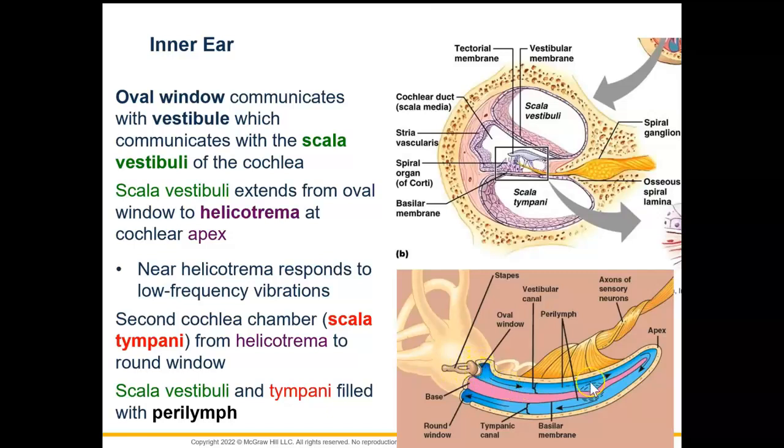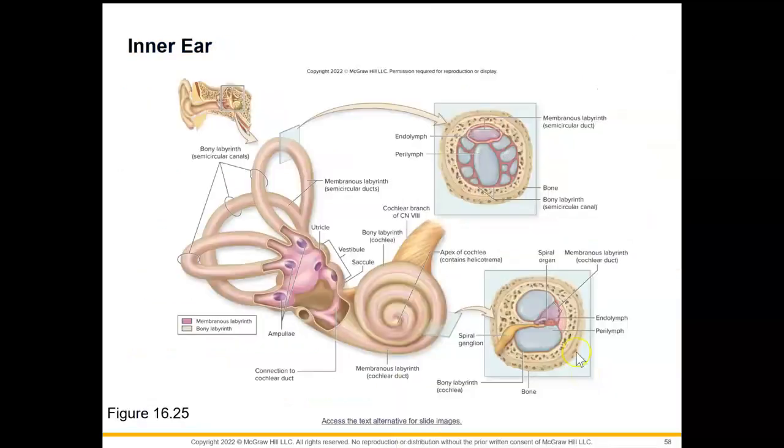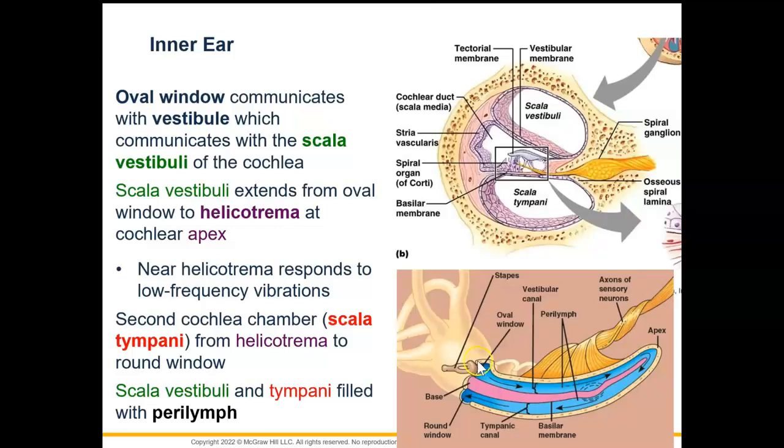Now, this is actually your cochlea, this guy over here, it is just unraveled. So this oval window is going to make contact with the vestibule, which is communicating with this special area known as the scala vestibuli. So here is a cross section of the cochlea.